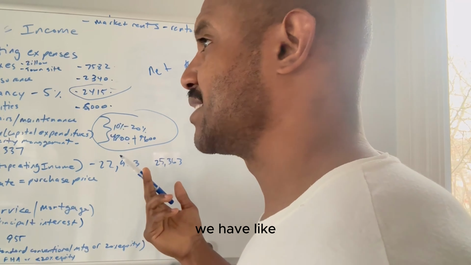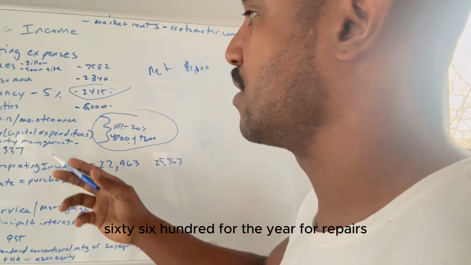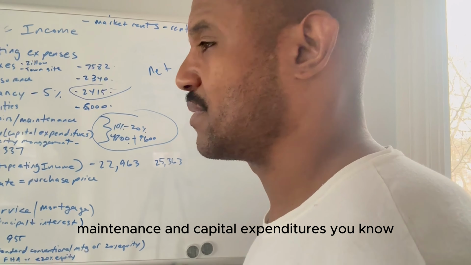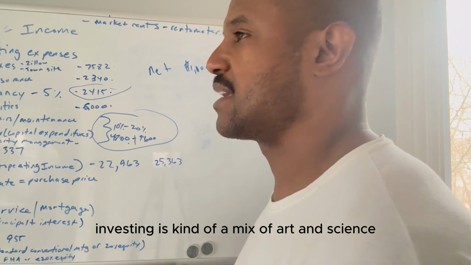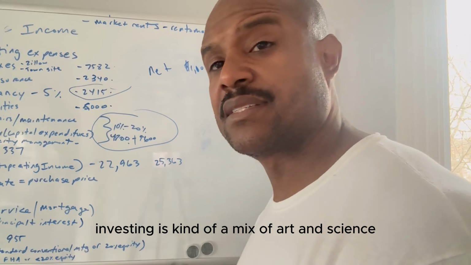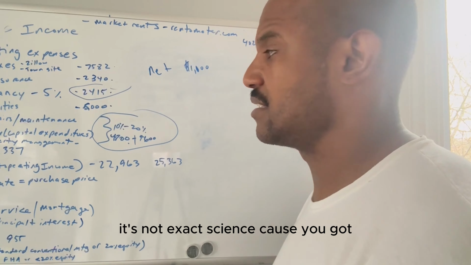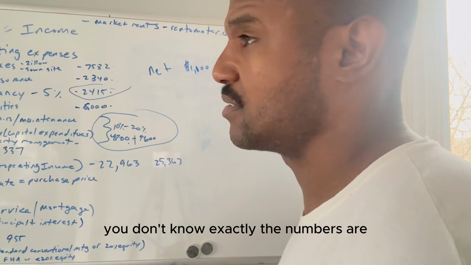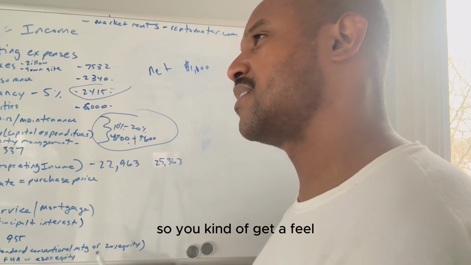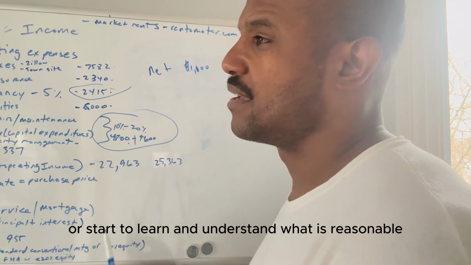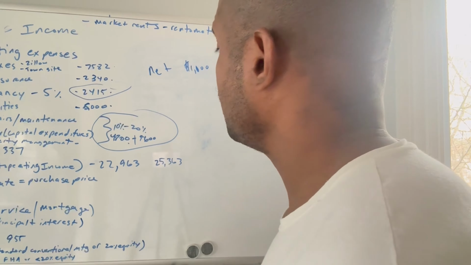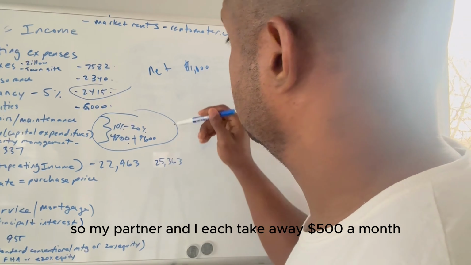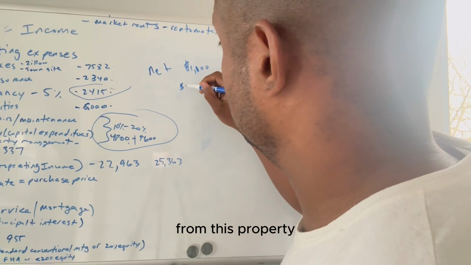We have about 6,600 for the year for repairs, maintenance, and capital expenditures. Investing is a mix of art and science. It's not an exact science because you don't know exactly what the numbers are. So you start to learn and understand what is reasonable as a set aside for things. So my partner and I each take away $500 a month from this property.